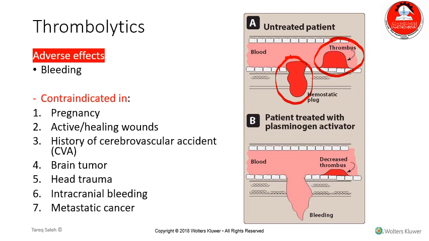So these drugs will dissolve the unwanted thrombus, but at the same time, they will also dissolve the beneficial physiological clot that is used in the repair of a blood vessel wall. That definitely results in bleeding.